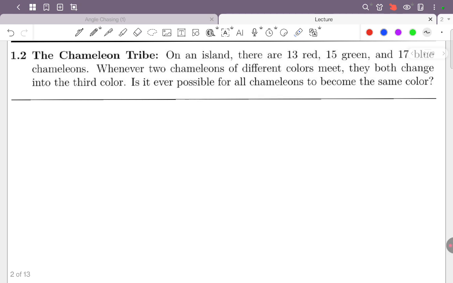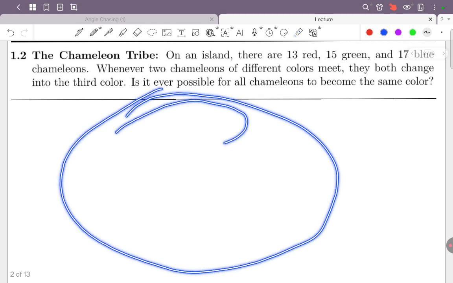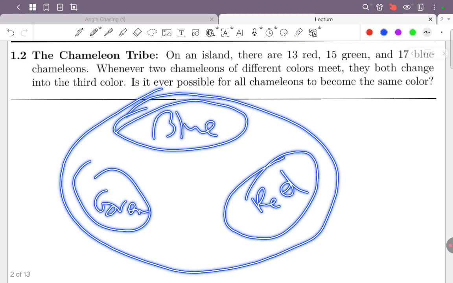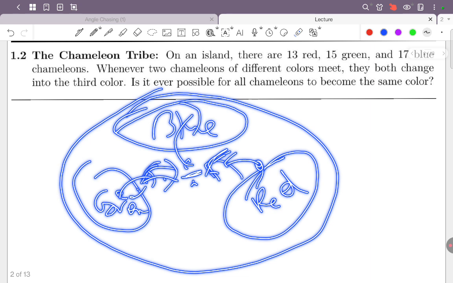So the question is telling that on an island there are total three groups: one is the group red, group blue, and group green. When one person from any one group meets one person from another group, after meeting they change their color and join the third group.